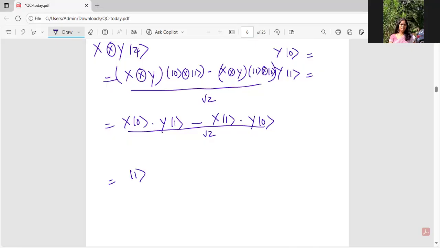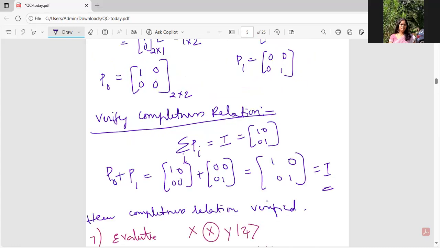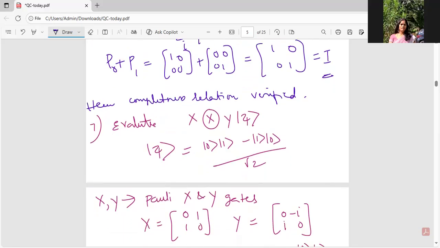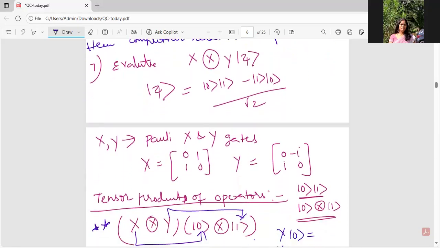When Y is applied on this, I just need to look at what the flip is. Let me check what Y is. I have given Y here, na? Y is the matrix 0, minus i; i, 0.